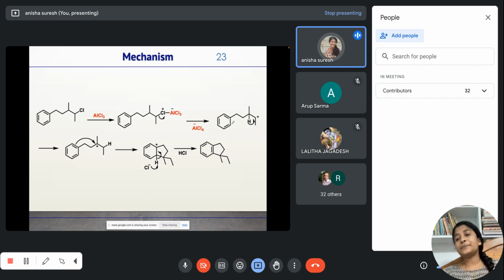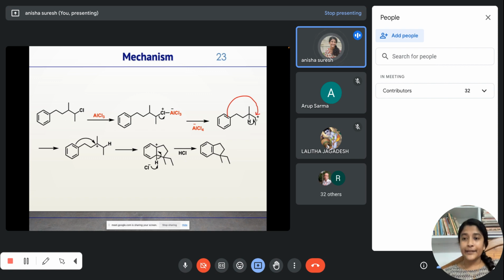So if the aromatic ring is going and attacking directly at this stage, this is a secondary carbocation. If the electron rich aromatic ring is directly going and attacking at this stage, it will result in formation of the product A that you have told.